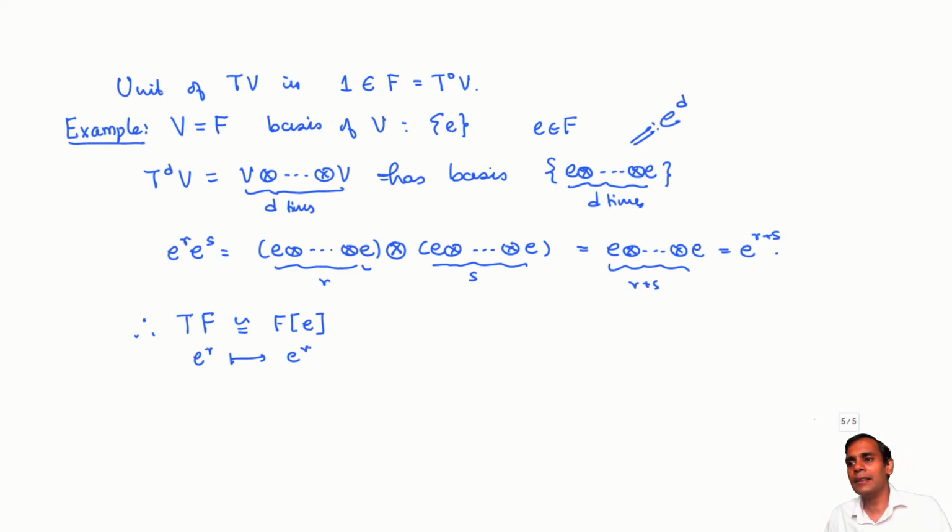So the tensor algebra of a one-dimensional vector space is a commutative algebra. It's just the algebra of polynomials in one variable.